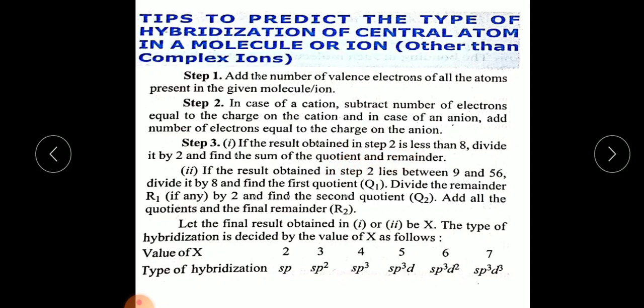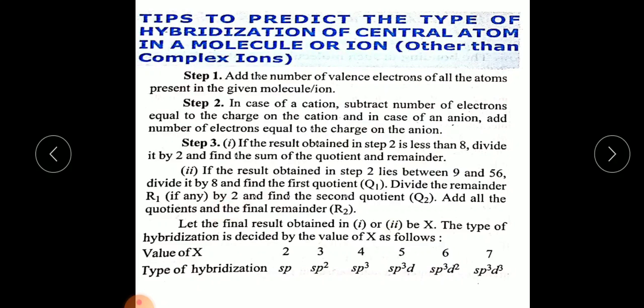Now number 2: if the result obtained in step 2 lies between 9 and 56, that is, if the total number of valence electrons comes between 9 and 56, you need to divide by 8 and find the first quotient q1, then divide the remainder r1, if any, by 2. So first you divide by 8 and find quotient 1 and remainder 1.